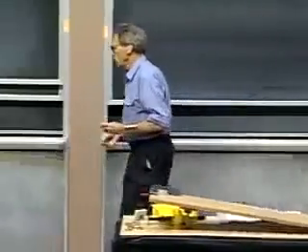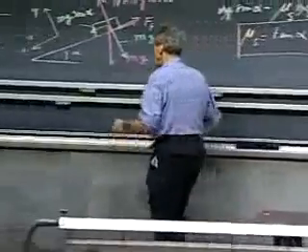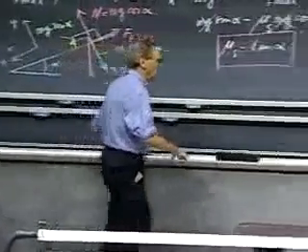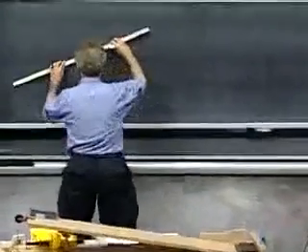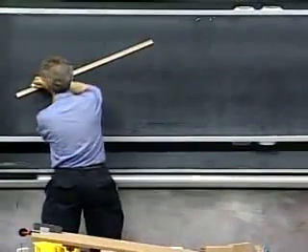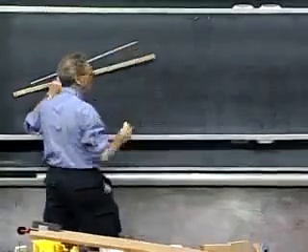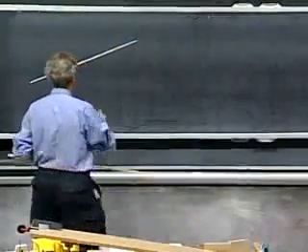I'm going to put an object now on an incline, again, as we did before, and instead of having it sit on its own, I'm going to attach to it a string.